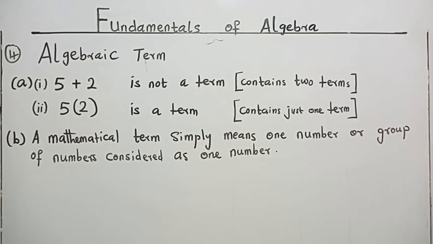Before then, let us look at some of the important and high-sounding words and expressions that actually direct us to the meaning of this mathematical term. One of such expressions is one number. One number. That one number is either a constant number or a variable.